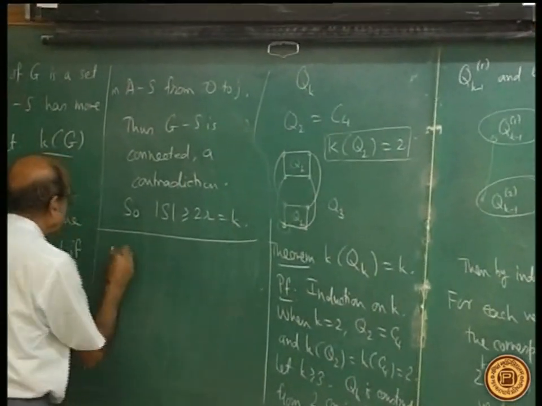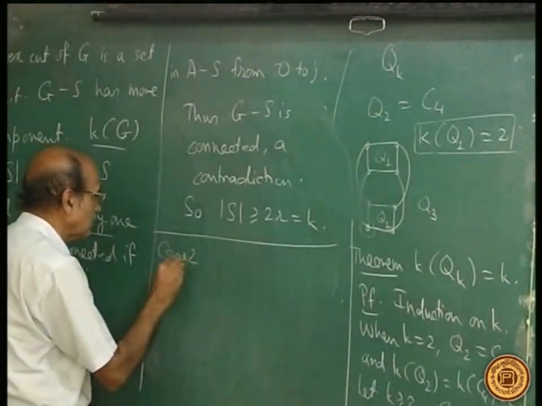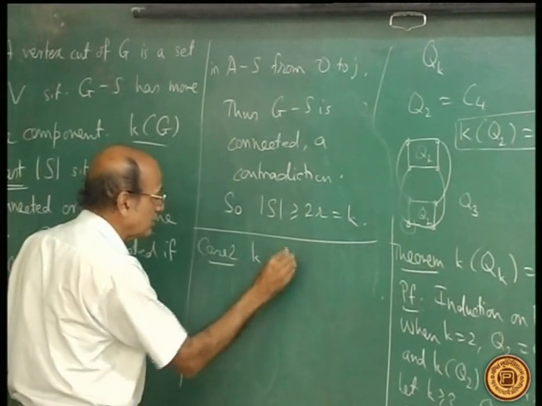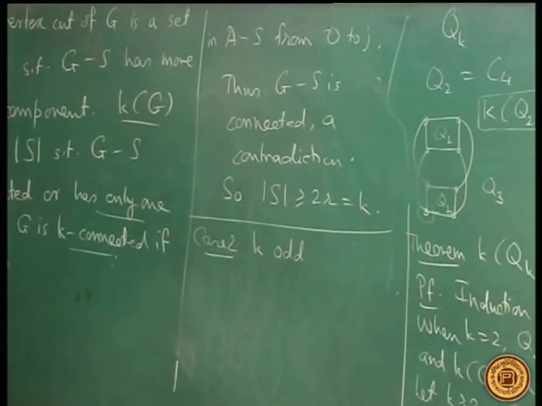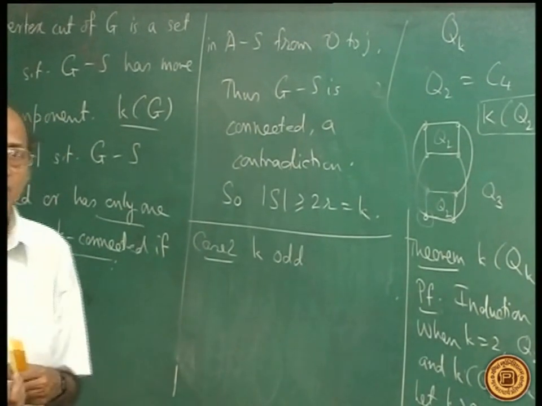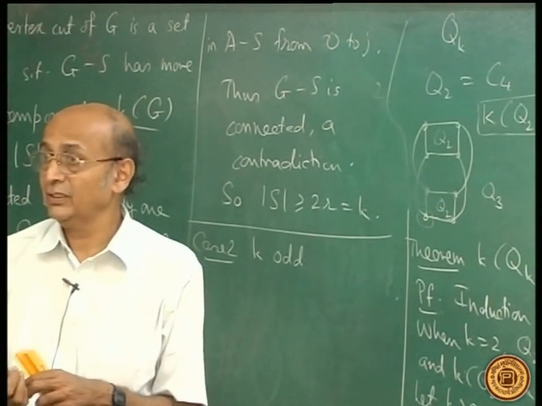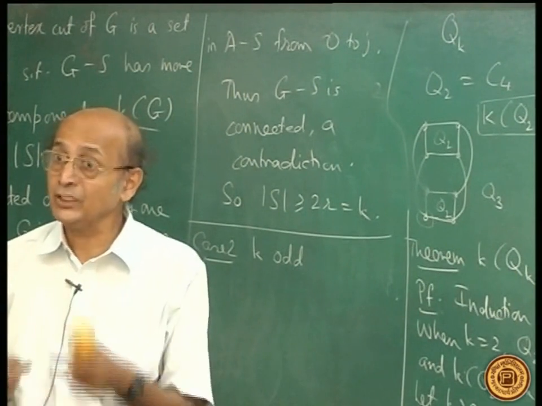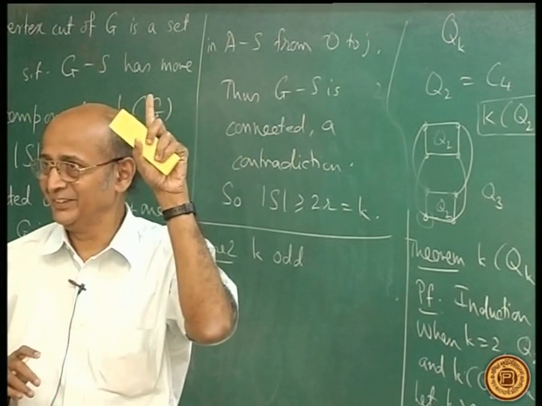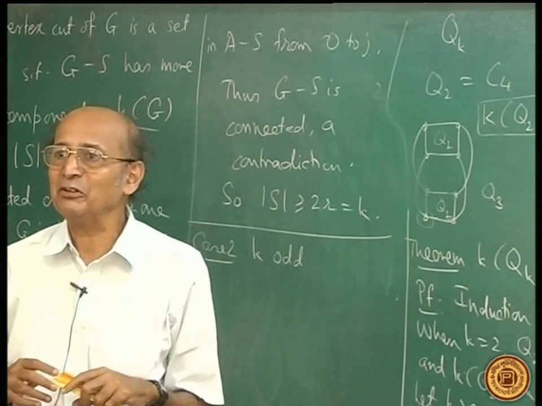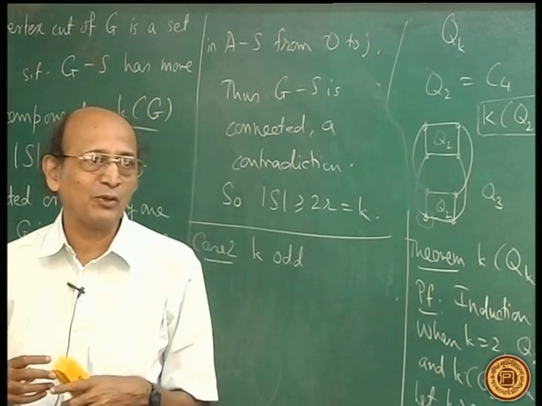What about case 2, k odd? I cannot really construct a k regular graph on n vertices if n is also odd. Is that clear? The basic degree sum formula, chapter 1. You cannot have a 3 regular graph on 7 vertices.